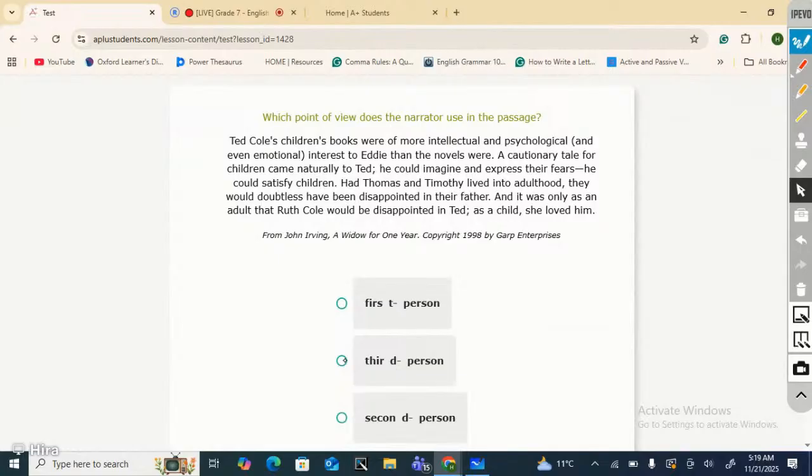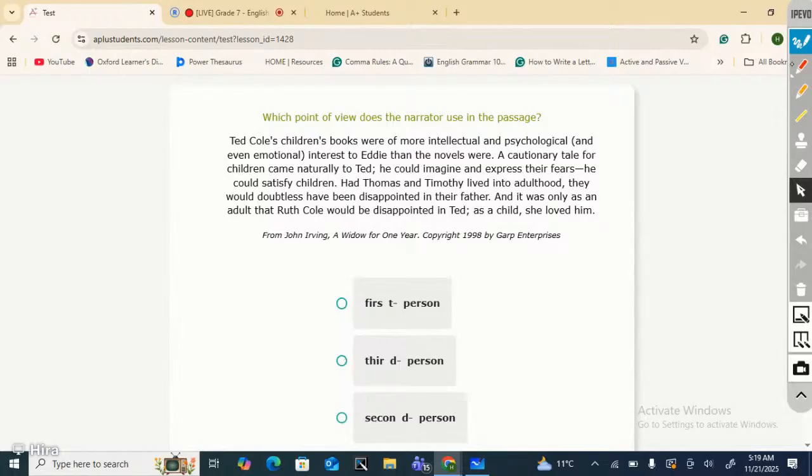He could imagine and express their fears. He could satisfy children. Had Thomas and Timothy lived into adulthood, they would doubtless have been disappointed in their father. And it was only as an adult that Ruth Cole was disappointed in Ted. As a child, she loved him.